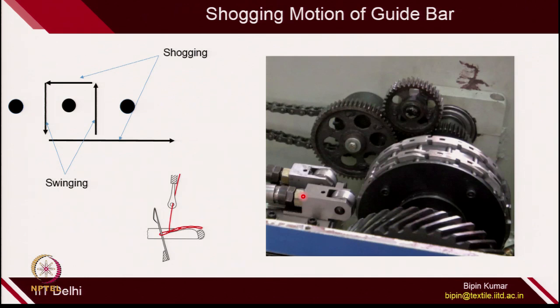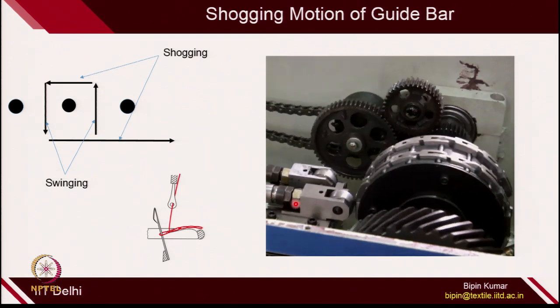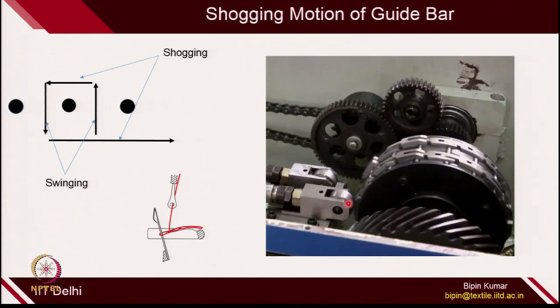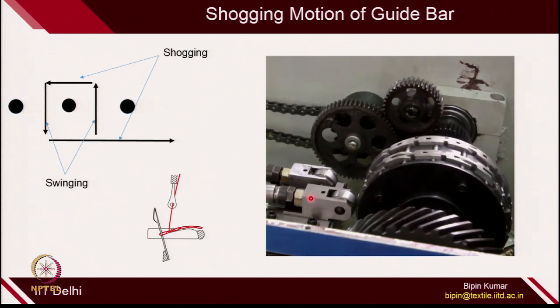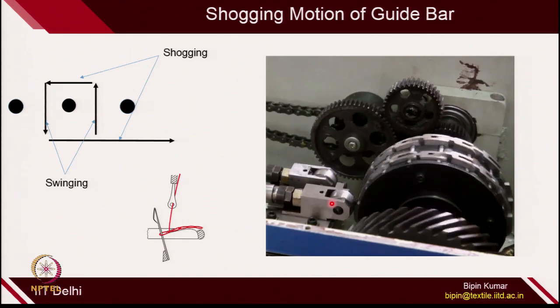So, whatever the path of this particular chain is decides by what amount the guide bar shifts with respect to the needle bar. So, you can see the moment crest and trough happens, it is either moving left to right or right to left.